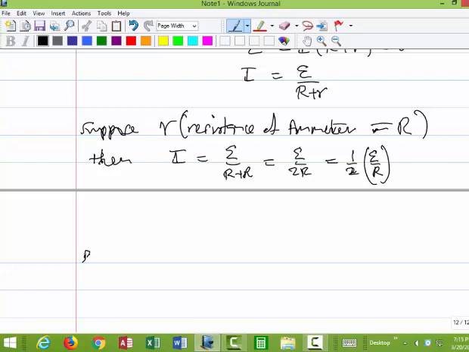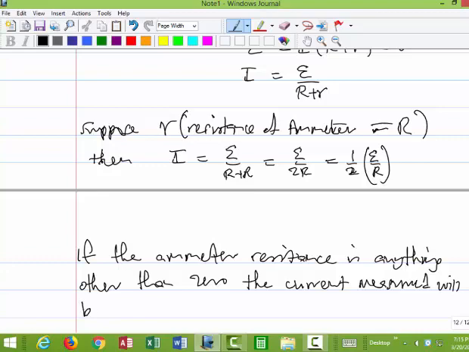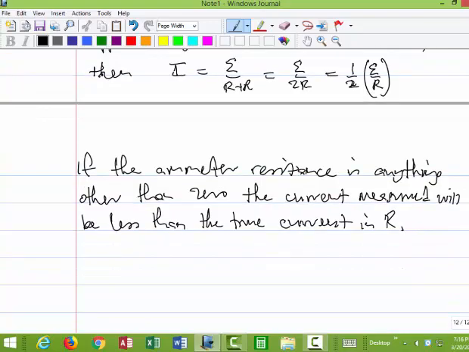So we see that if the ammeter resistance is anything other than 0, the current measured will be less than the true current in R. This is a feature of ammeters: they have an internal resistance which is close to 0.